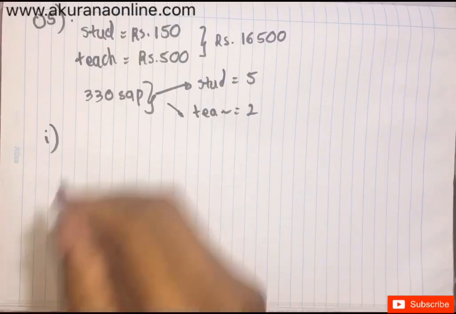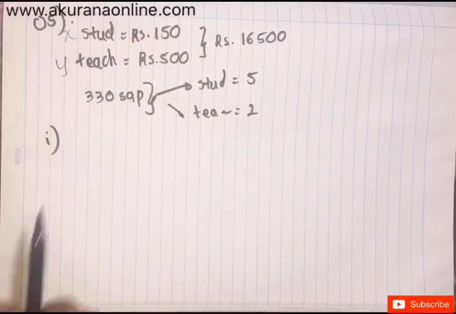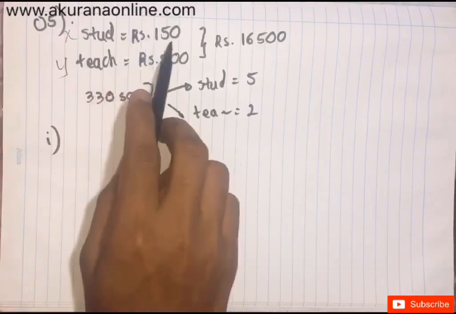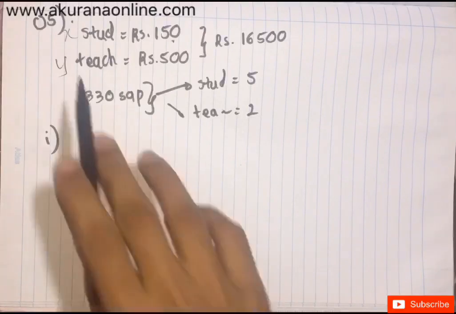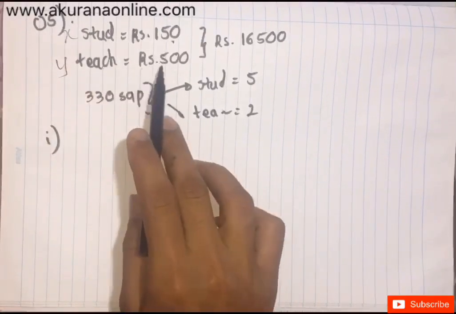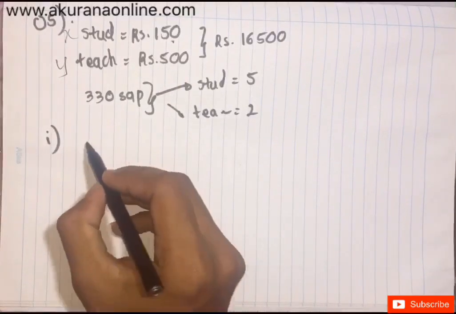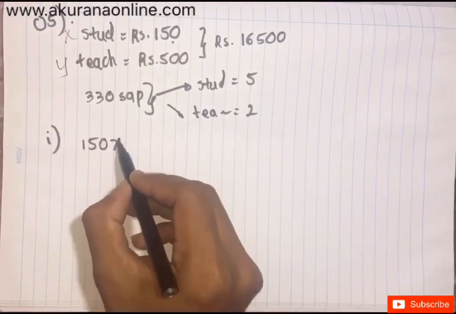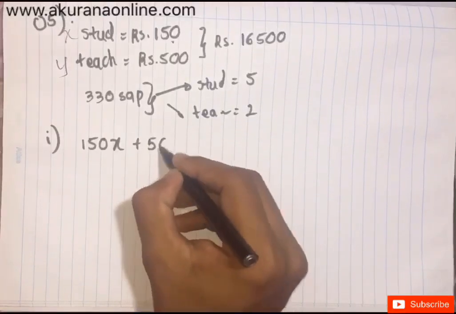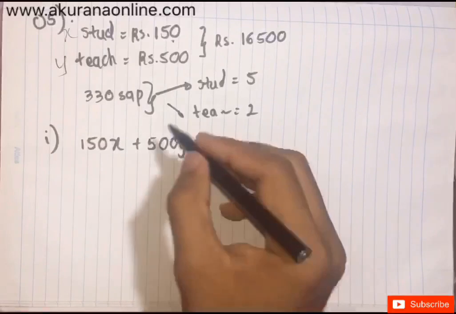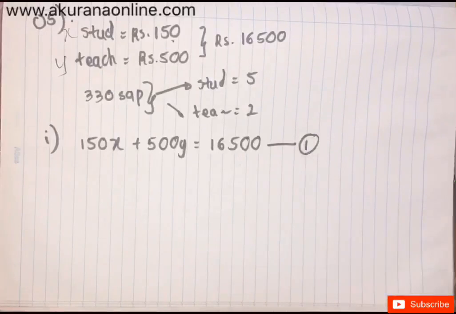Now I'll say students as X and teachers as Y. From one student they are collecting 150, and there are X students. And 500 is collected from a teacher, and altogether there are Y teachers. Therefore you can say 150 multiplied by X is the total amount you get from the students, and 500Y is the total amount you get from teachers. The total should be equal to 16,500. This is the first equation.